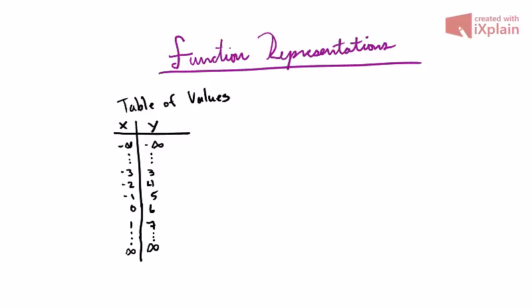Now basically that's a table of values, okay? So that's one way in which we can represent a function. Another way we use functions are graphs. Normally what I have students do is draw a graph of the table of values.